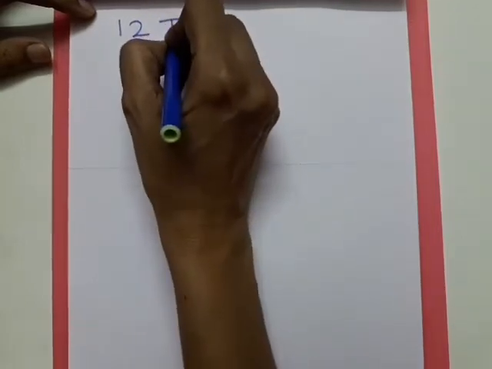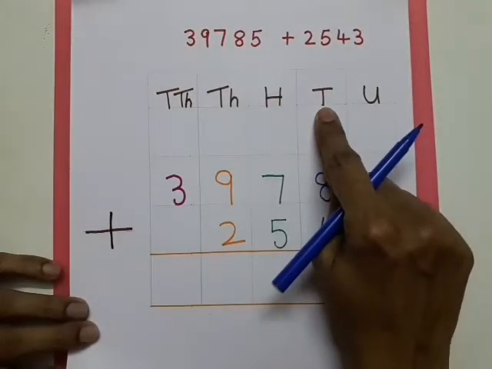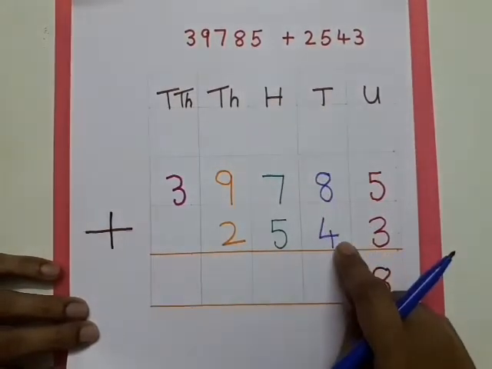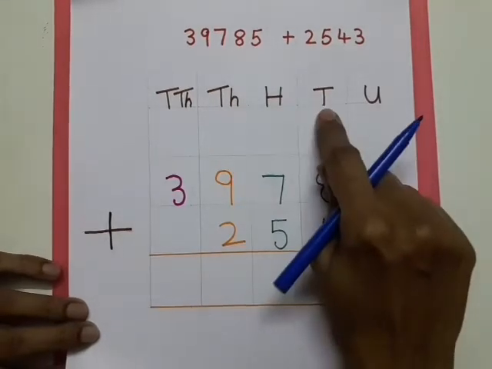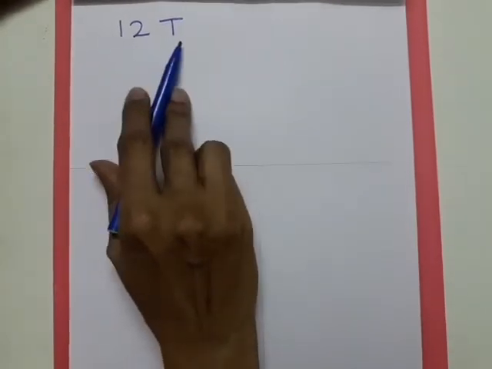Now we have 12 tens. See here children. Now 12 is in the tens place. 8 plus 4, 12. So 12 T. That is 12 tens.